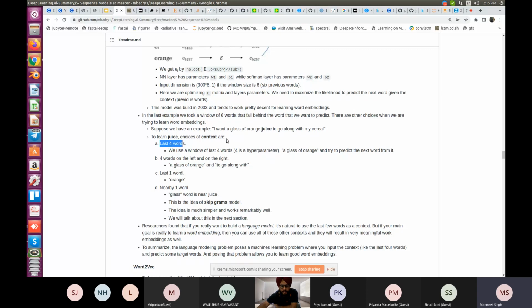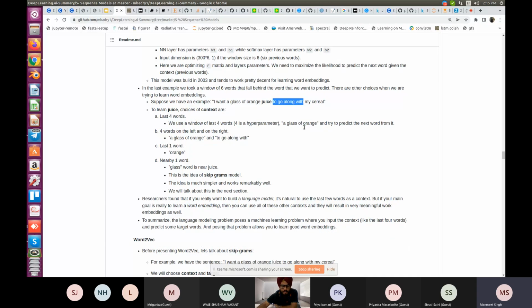So we use a window of the last 4 words, where 4 is a hyperparameter: a glass of orange, and try to predict the next word from it. Another choice is 4 words on the left and 4 words on the right: a glass of orange on the left, to go along with on the right.